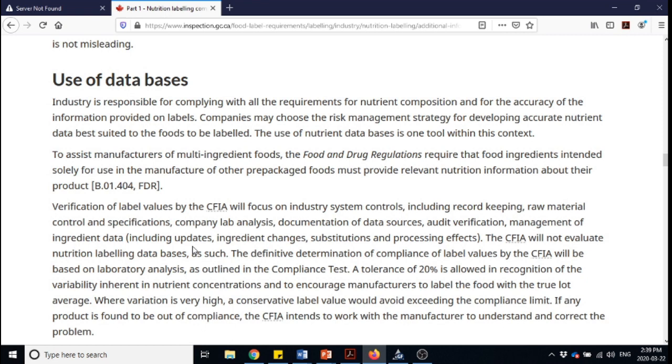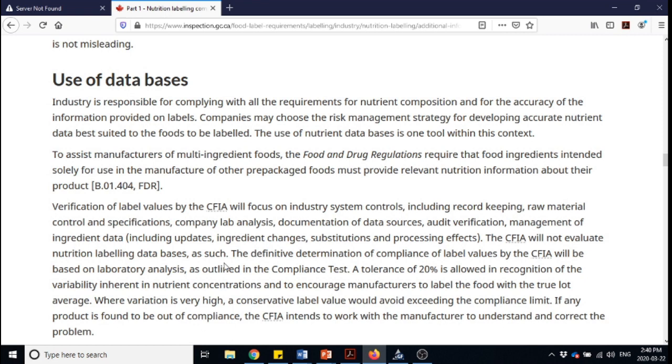So industry is responsible for complying with the composition and accuracy on the labels. And you can use a variety of different risk management strategies. We've talked about the risk management behind using ESHA in class already, and the potential risks of making substitutions within ingredients, or where filtration or agglomeration steps or dehydration or yield changes could be impacting on the outcome of the label.